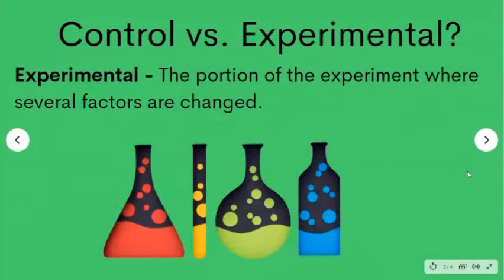We also have the experiment group. The experimental group is the portion of the experiment where several factors are changed. So this is your actual experiment, whereas control proves what you're testing.